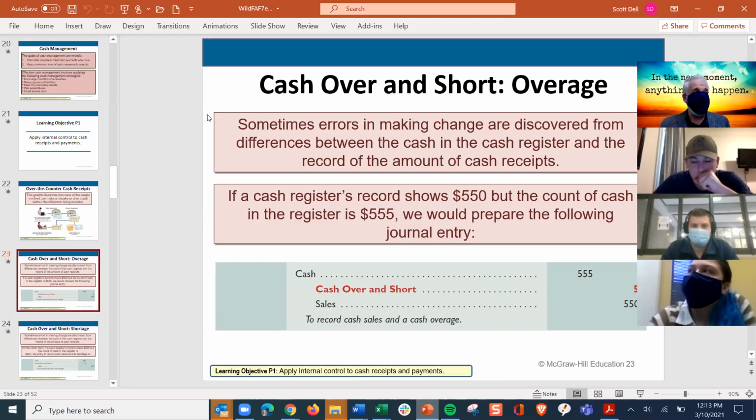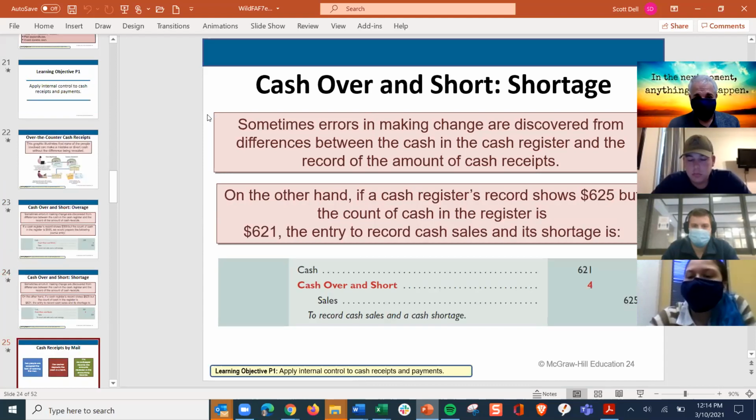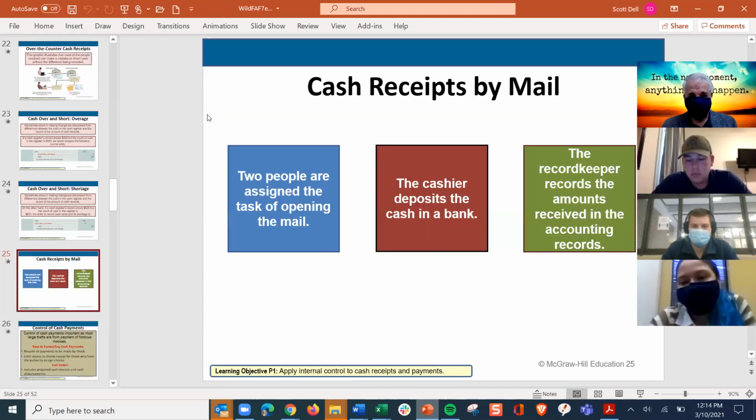Now, if it happens every day with the same cashier, you know what the problem is. Probably. Some days it's $10, some days it's $20, but it's always short. You've got a potential problem. So we know who's responsible. There's a cash over and short count.